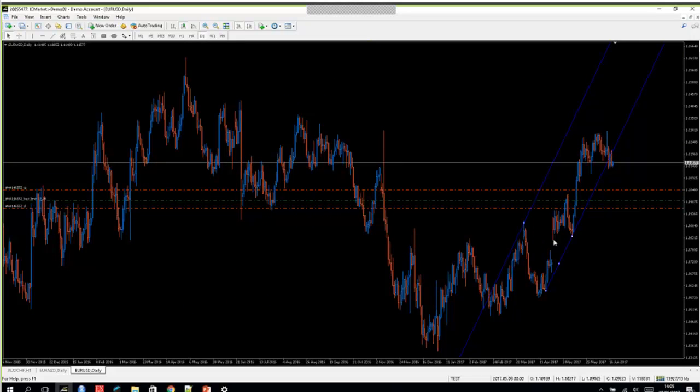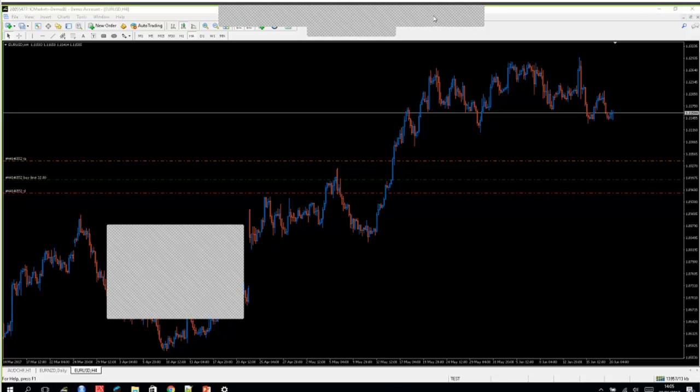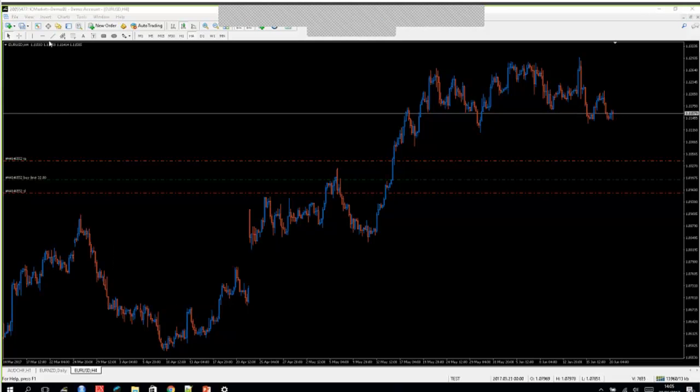Price stuck to the bottom of it, and it managed to respect it somewhat here, and somewhat here. This is what we'll use to define the structure of price. I like to use trend lines because if I'm looking to qualify an area of supply, I want to see price break down, moving lower, because this enables me to qualify an area of supply.